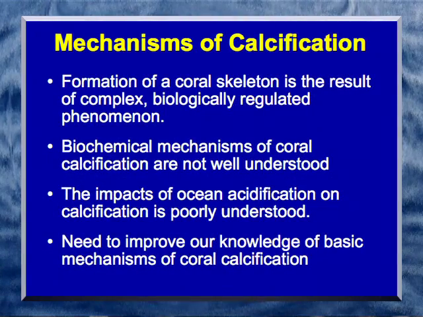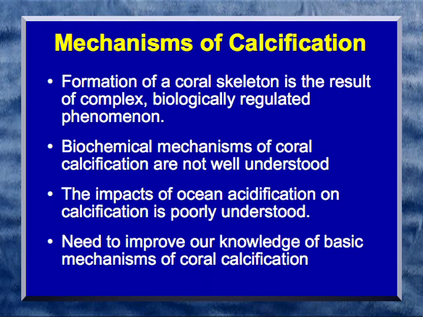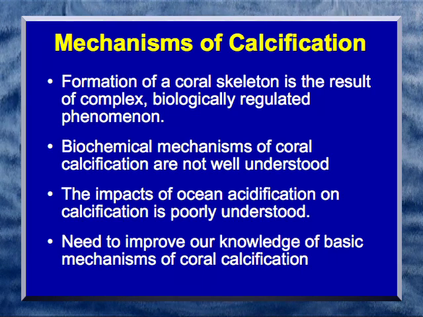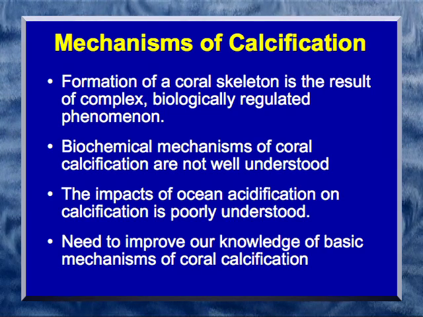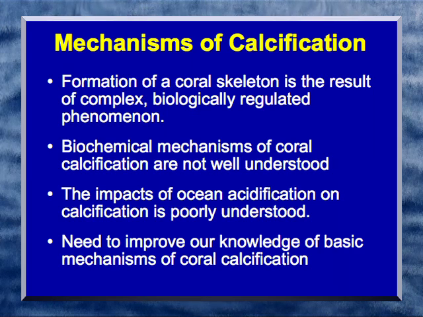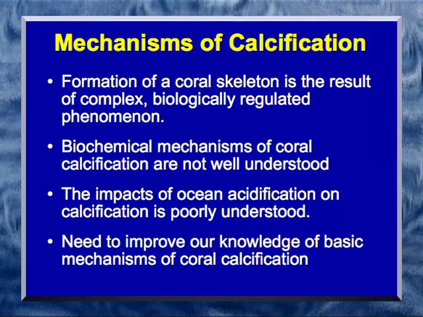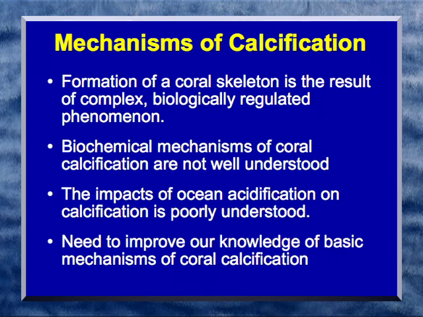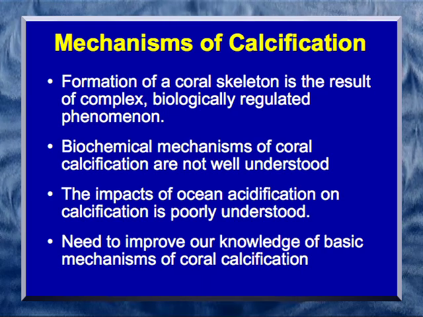So as you can see, most likely you can tell that the formation of coral skeleton is the result of complex biologically related phenomenon, and that biochemical mechanisms of coral calcification are not well understood. And on top of that, the impacts of ocean acidification are not well understood, as well as how intense acidification is going to be if it occurs.